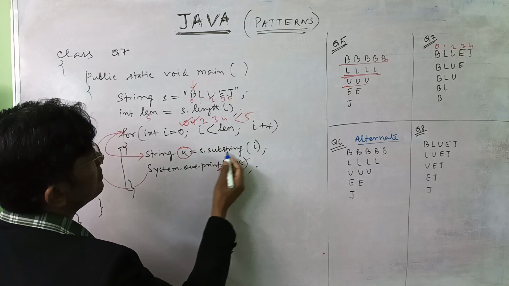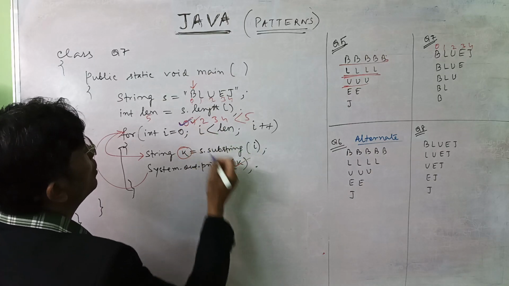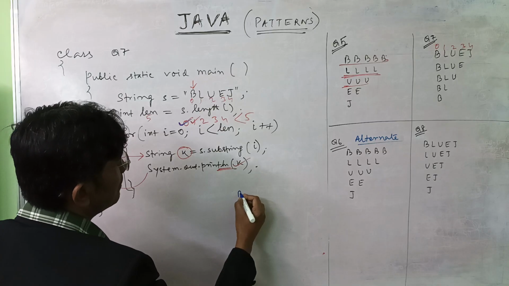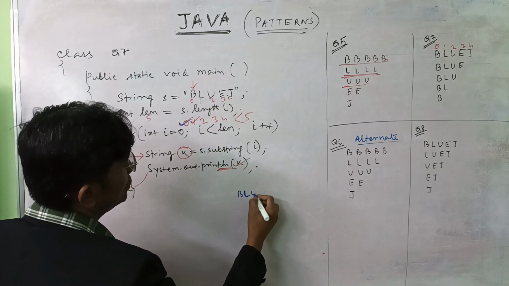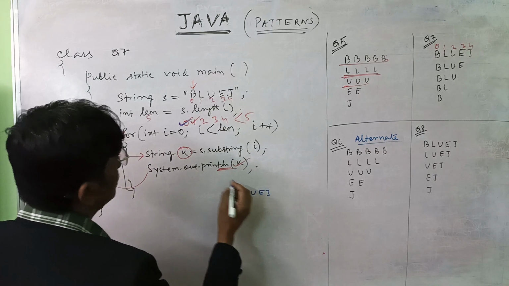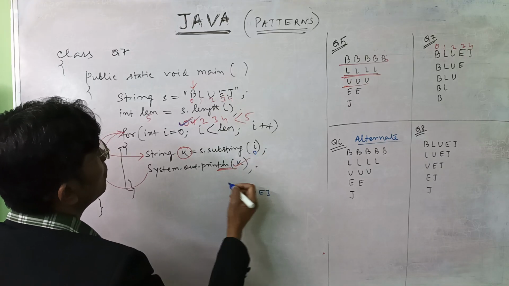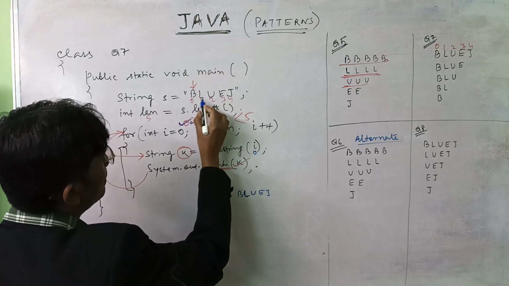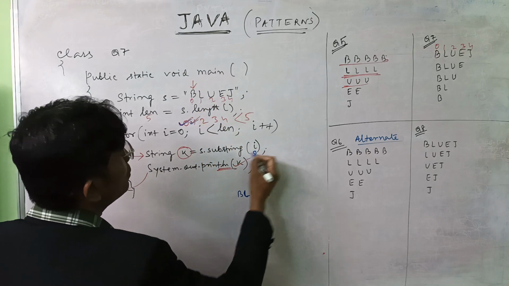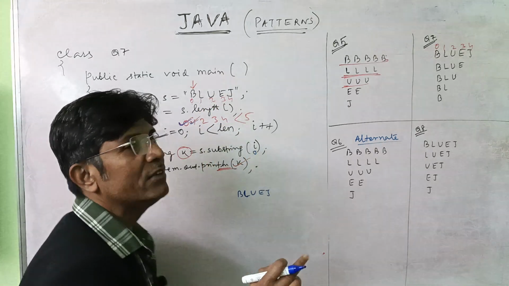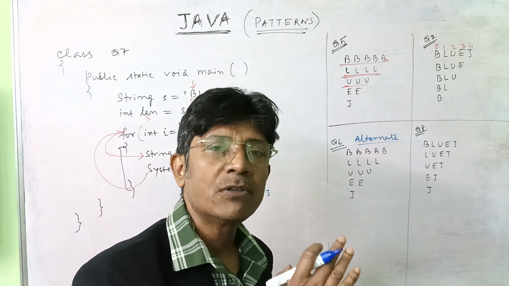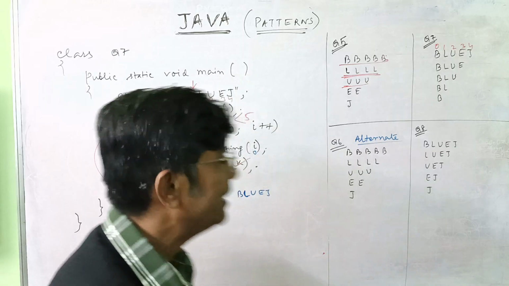Using s.substring(i) with i equal to 0, it starts from 0, so the whole word comes, BLUEJ. Whenever it starts from 1, that means position number 1 to the remaining part. Whenever substring takes a single argument, it starts from there and extracts the whole remaining portion.